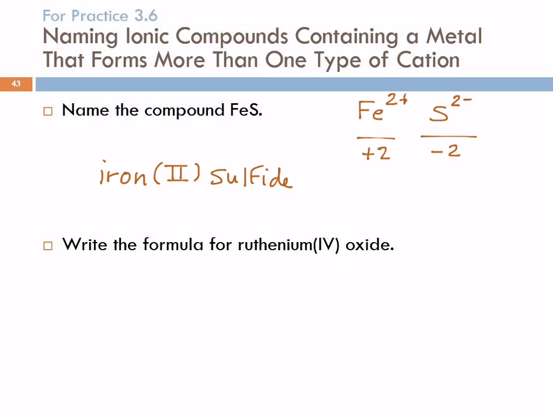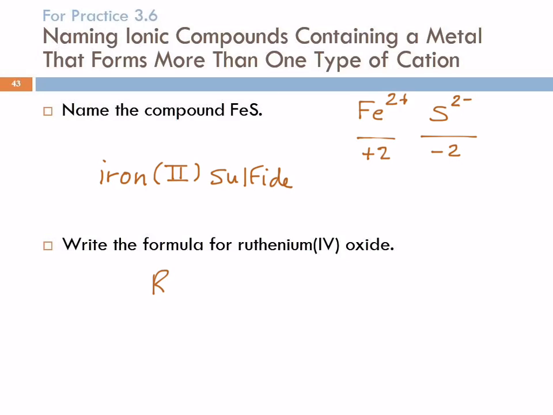Let's do this one. Write the formula for ruthenium(IV) oxide. It's always the metal and then the nonmetal, the cation and then the anion. When we're writing formulas, we have to write the formulas first with the charges.